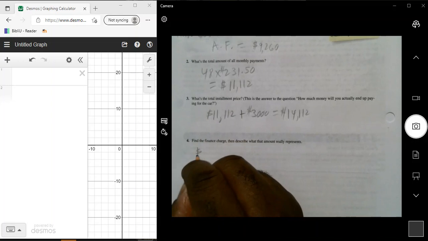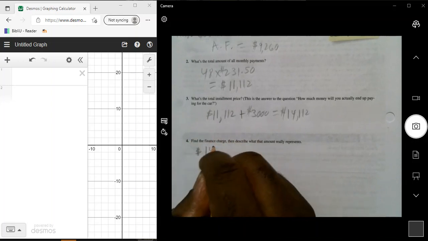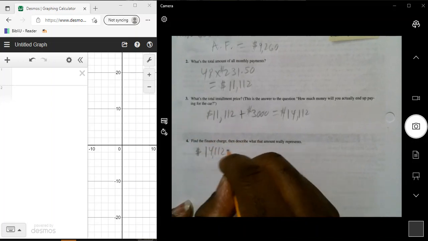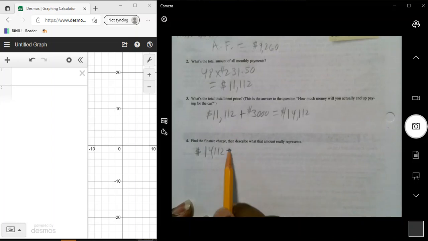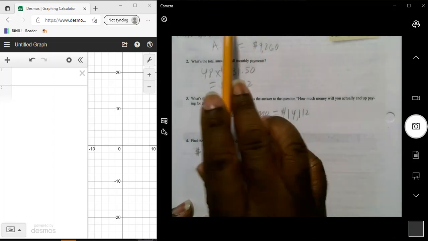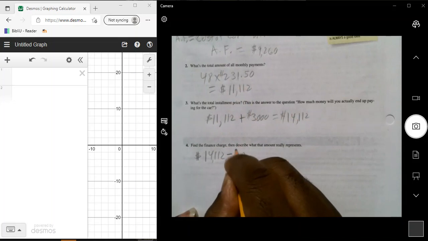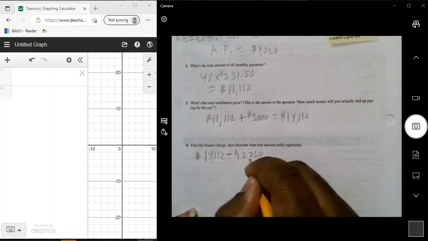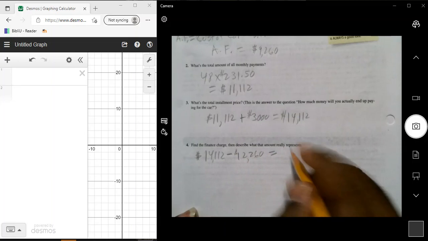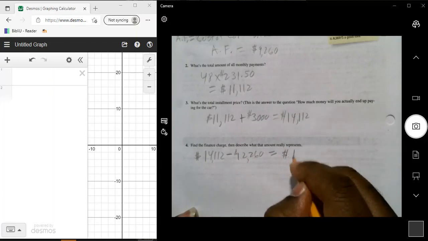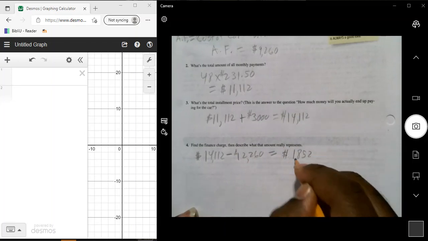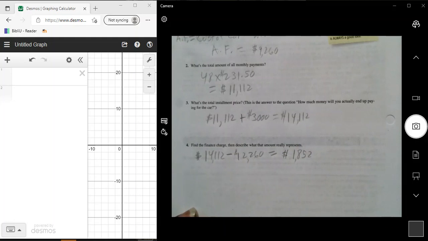Now, it says find the finance charge, then describe what the amount really means. So we would take the total installment price minus the actual cost of the car, which is $12,260. That was the original price. And there would be $1,852 more that you paid.